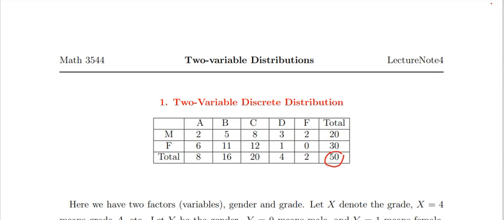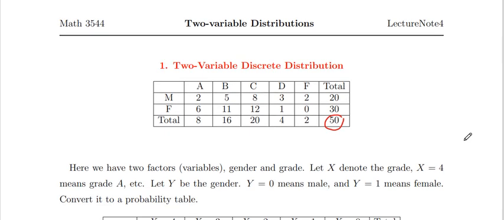So at first we just change those grades, A, B, C, D, E, and male, female, into numbers to make things easy, right?